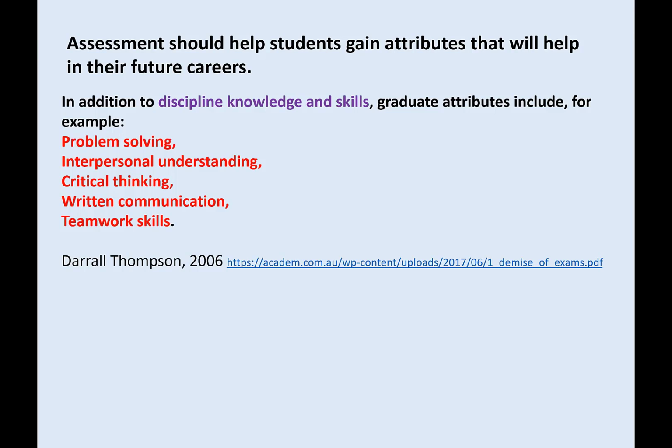It's a little outdated. He has some web tools that don't even exist anymore, but a lot of the points he makes are really good. And he says, in addition to discipline knowledge and skills, graduate attributes or career skills include problem solving, interpersonal understanding, critical thinking, written communication, teamwork skills. And I think what we should do is think about some of these.